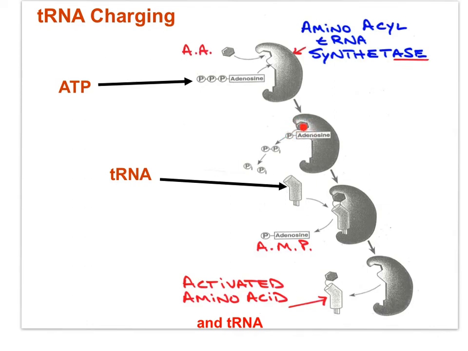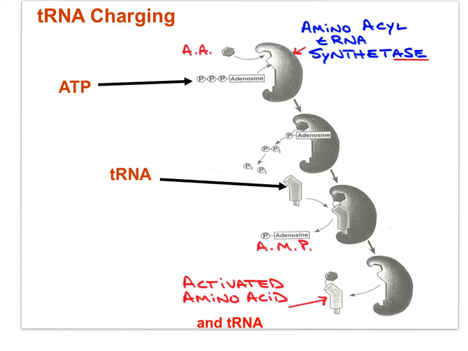The amino acid will ultimately be bound to the tRNA molecule with a high-energy bond. The energy in that bond will ultimately be used to form the peptide bond as the synthesis of the polypeptide occurs.